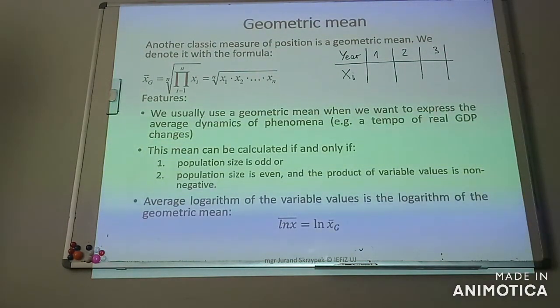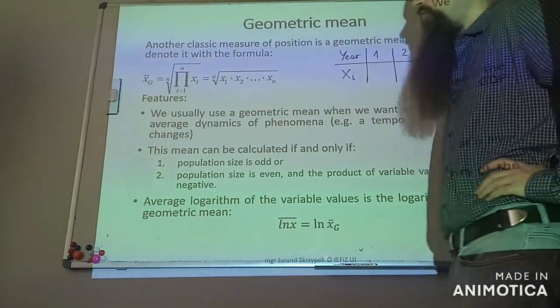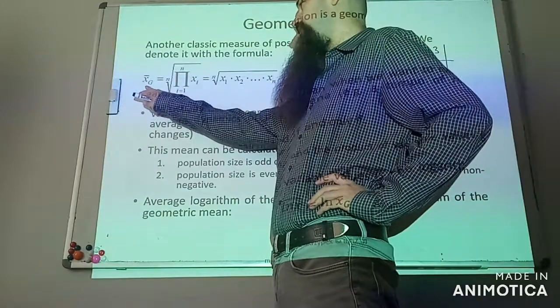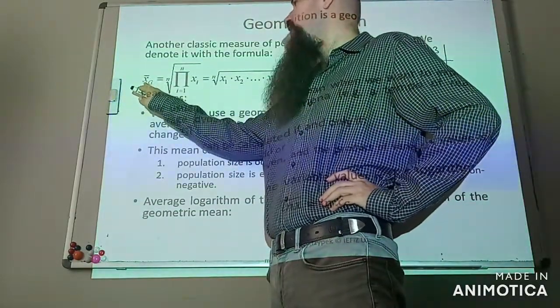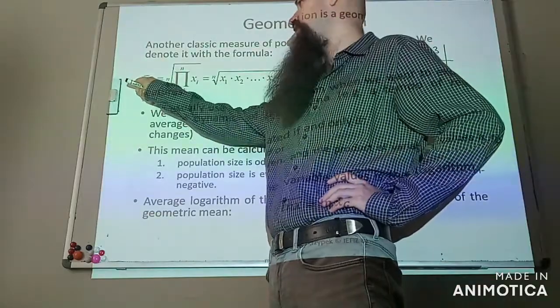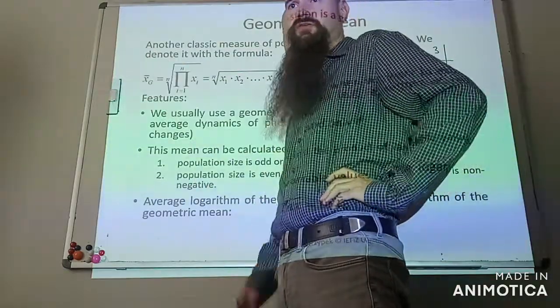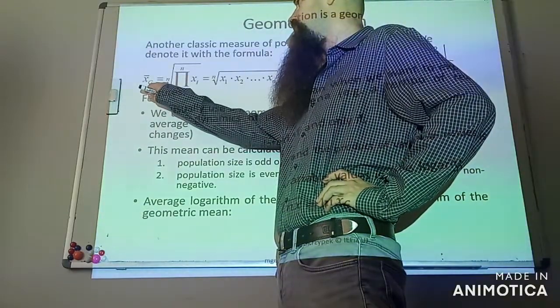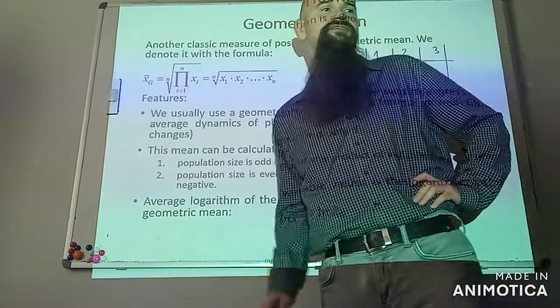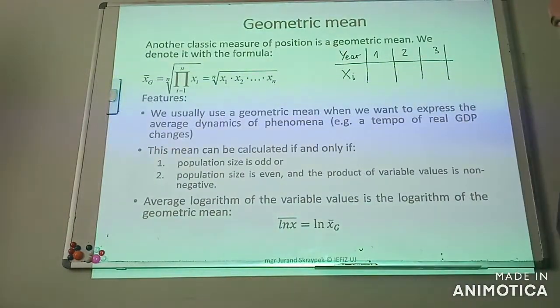We denote geometric mean by the following formula, in which we have the symbol of geometric mean: x with an underscore, horizontal line, and here we have capital G letter, which indicates that we deal with geometric mean.